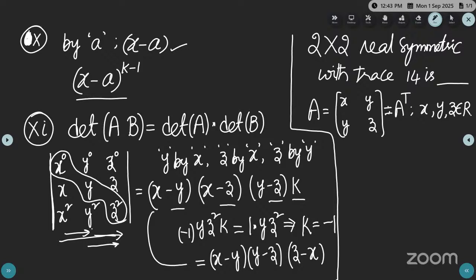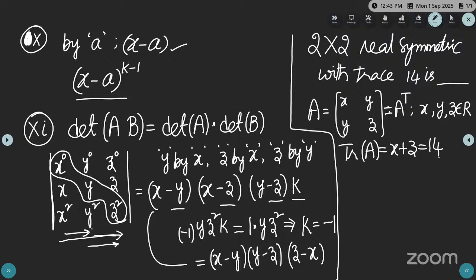Here X, Y, Z are real numbers. What is the trace of A? It is X plus Z, which equals 14.